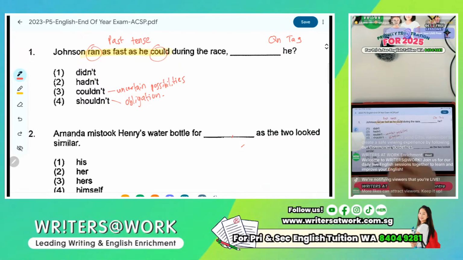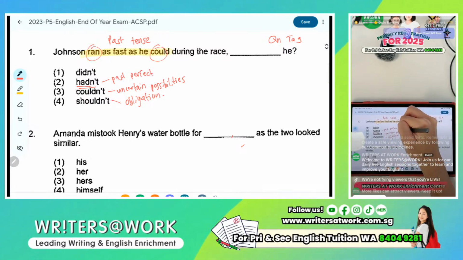Next, if we have the word hadn't or had, it will need to be in past perfect, which means that one action occurred before a second action took place.